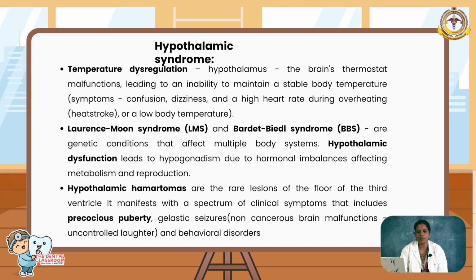And there is a hypothalamic hamartoma, a rare lesion happening at the floor of your third ventricle, and it is going to lead to precocious puberty, again because of dysfunctional hypothalamic functions, leading to gelastic seizures. Gelastic seizures are seen exclusively in this hypothalamic hamartoma, a non-cancerous brain malformation leading to uncontrolled laughter and other abnormal behavioral changes.